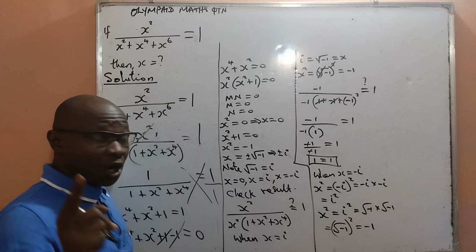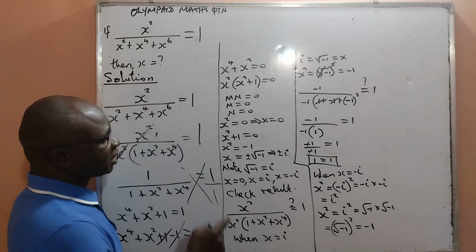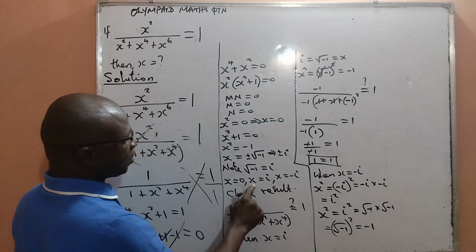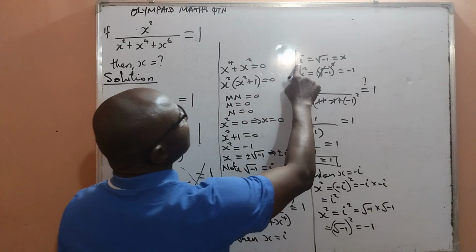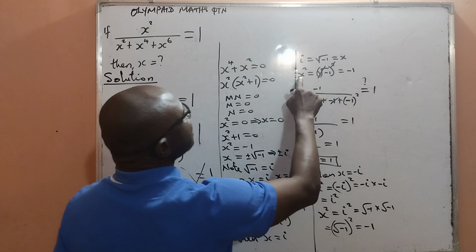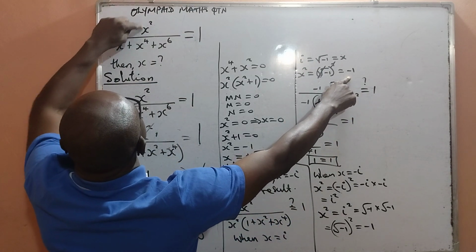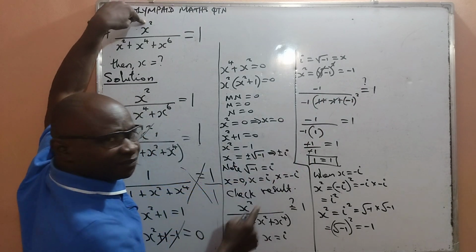This has returned us back to what we got when we looked for x equal to I. So when we did the analysis, we got that x squared is equal to negative 1. And we started replacing the value of x squared as negative 1.